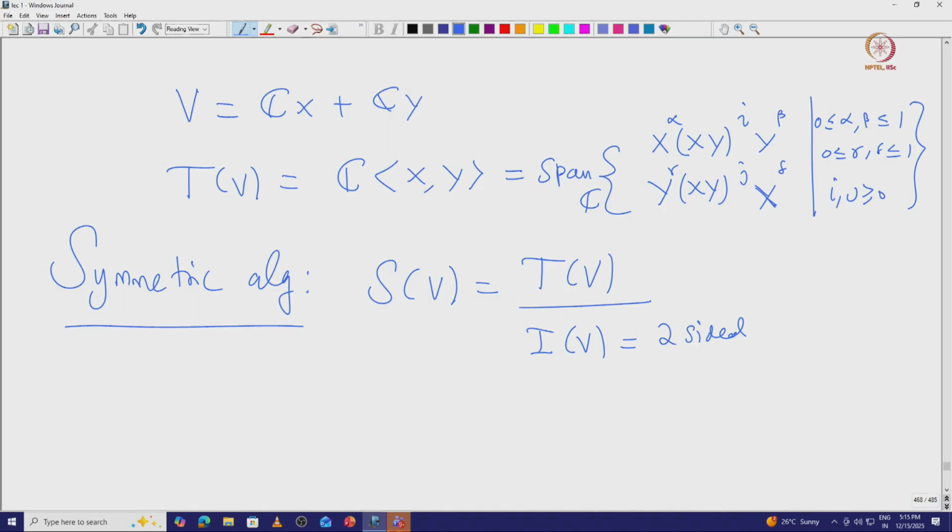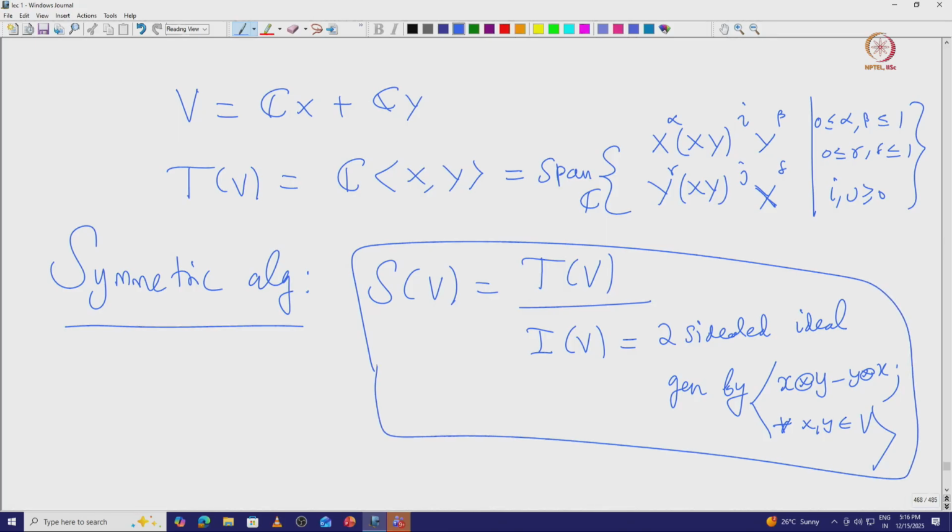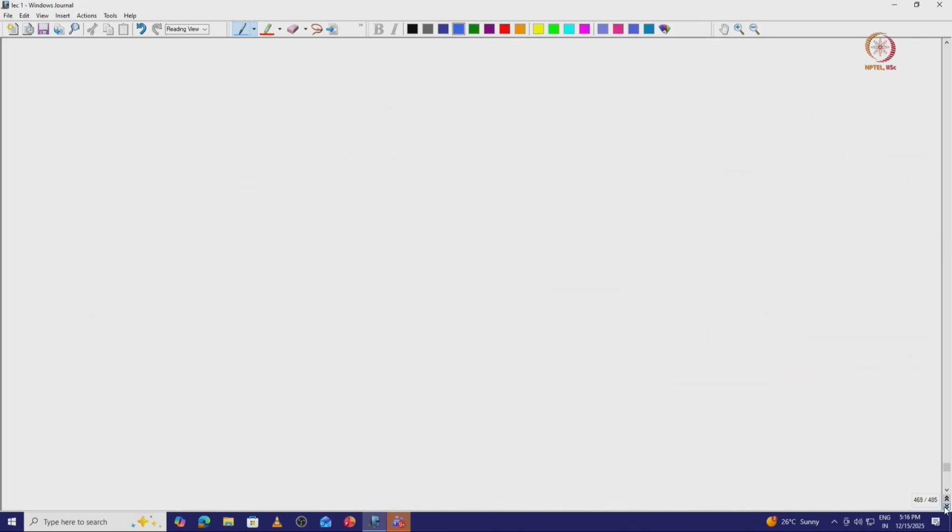You take this two sided ideal generated by the following thing: x tensor y minus y tensor x for all x, y coming from capital V. Then you are making sure that all the variables are commuting in this algebra, and this is what is called the symmetric algebra. And it is not hard to see that the symmetric algebra is also graded.